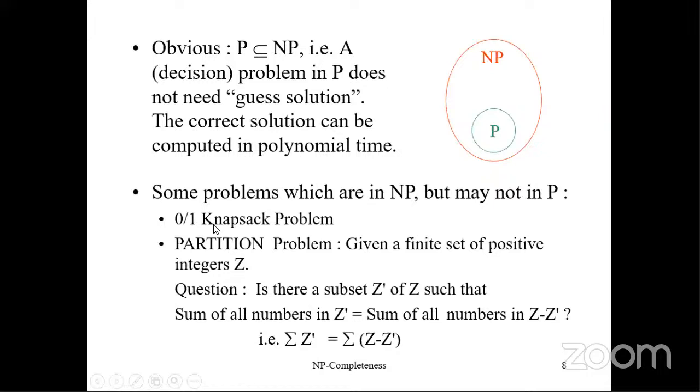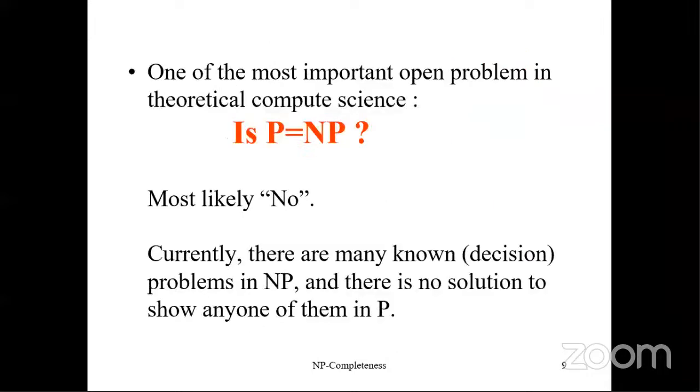The partition problem, which is: given a set of positive integers Z, is there a subset Z prime of Z such that the sum of all the numbers in Z prime is equal to that of Z minus Z prime. And the solution to the partition problem divides the constraint into their respective objective functions.